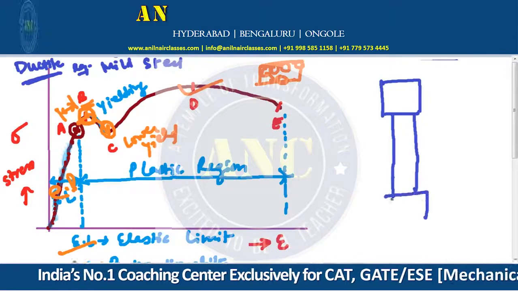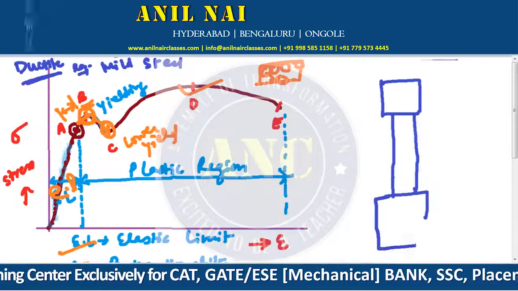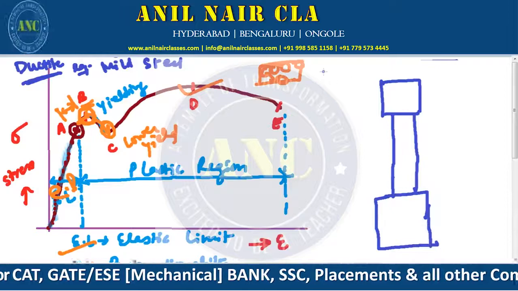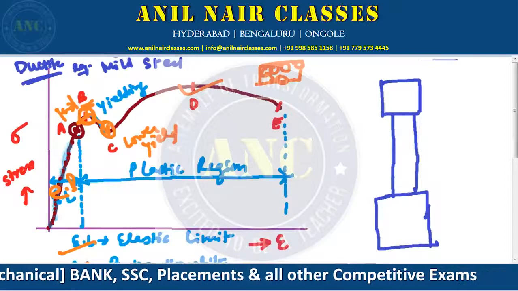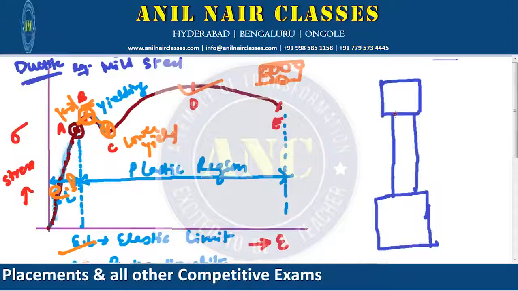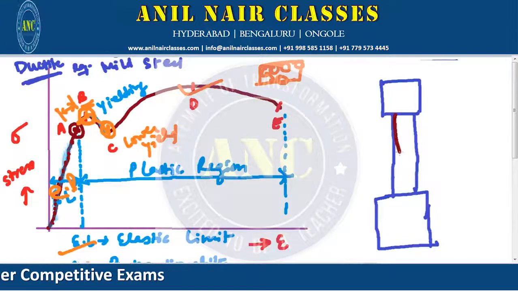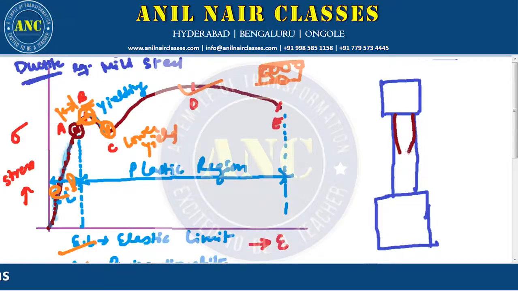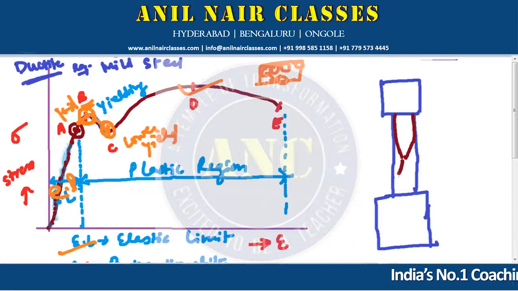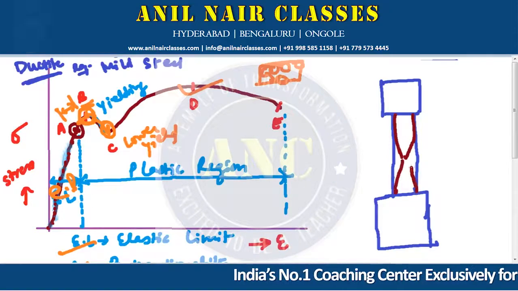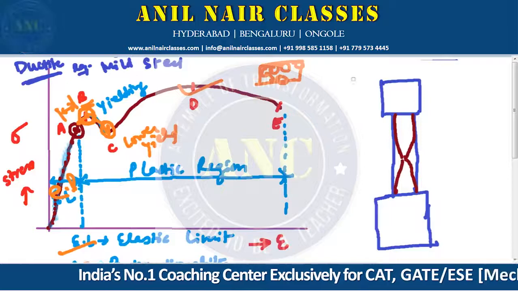By the time it comes to D, what will be the condition of this specimen? I'll try to make you understand. The specimen condition will be something like this. It would have come like this. It is no more this.